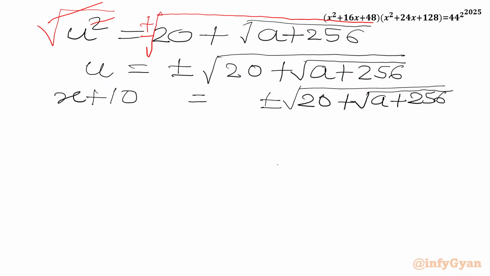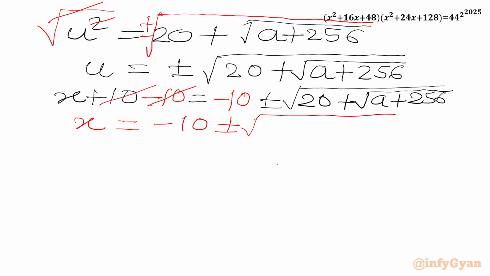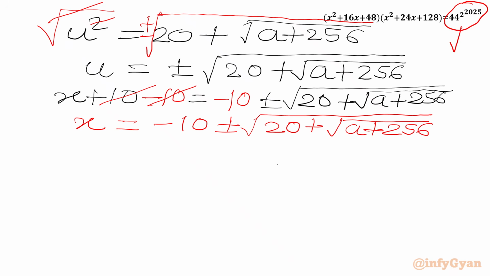Now we have to find x, so let us subtract 10 from both sides. Plus and minus 10 will cancel. We get x equal to minus 10 plus minus the square root of 20 plus the square root of a plus 256, and a is 44 raised to the power 2 raised to the power 2025.